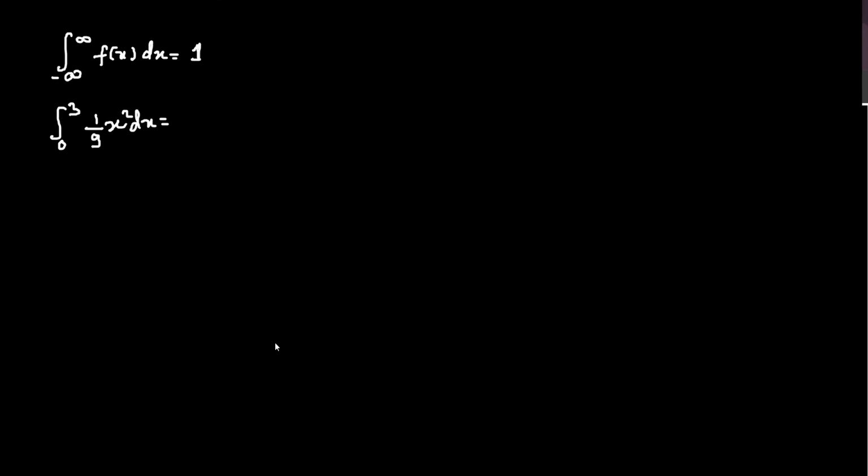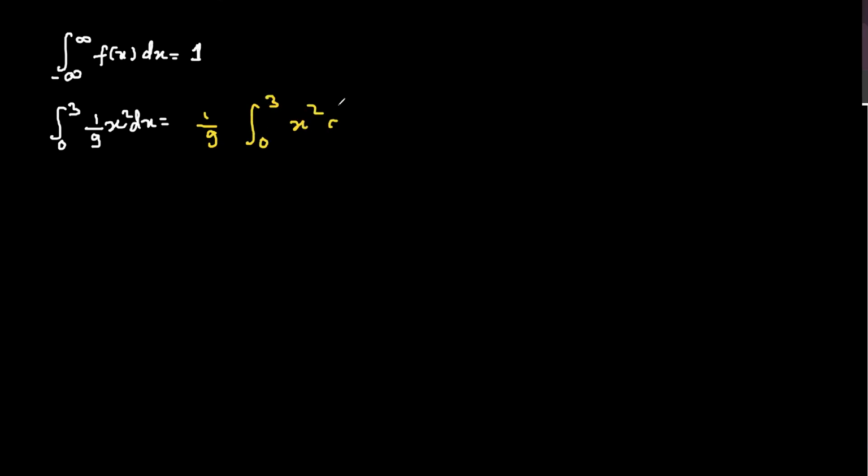Here minus infinity means 0, and plus infinity is 3. And fx is 1 over 9 x square dx. Let's see whether it gives 1 or not. If it is not giving 1, then this is not a PDF. 1 by 9 is a constant.